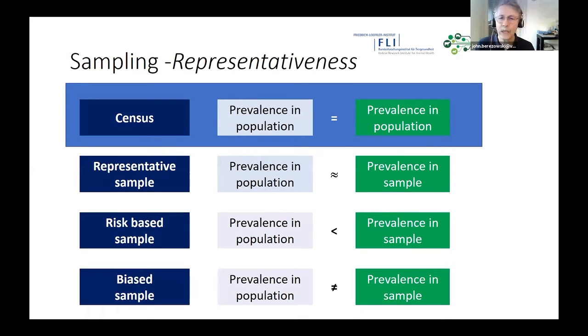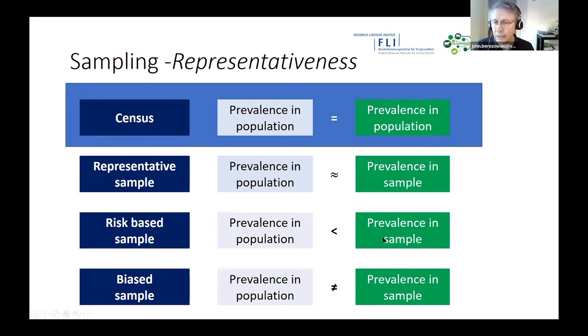I borrowed this slide from Jorn because it really sort of says in a nutshell what risk-based sampling does. Risk-based sampling increases the prevalence in the sample compared to the prevalence in the population. In a representative sample, the prevalence is the same or similar in both. In biased sampling, the prevalence in the sample will probably be different than the prevalence in the population because it's biased.